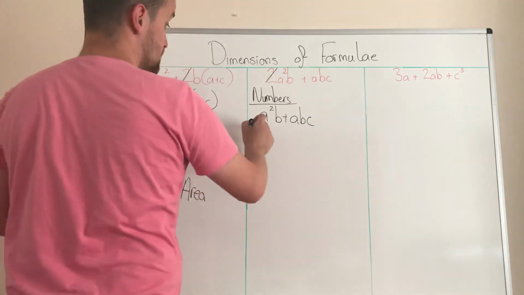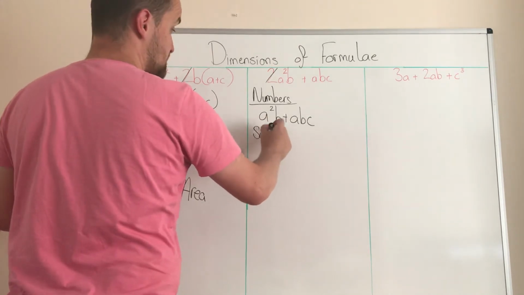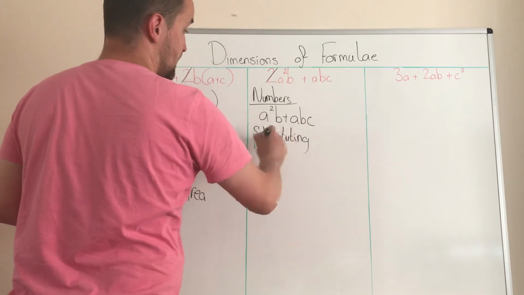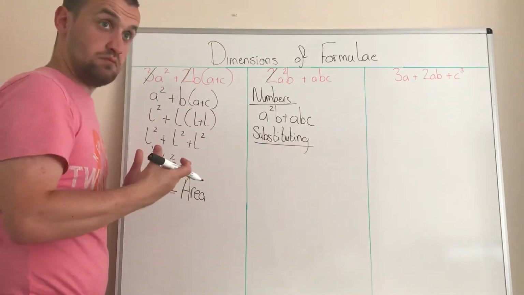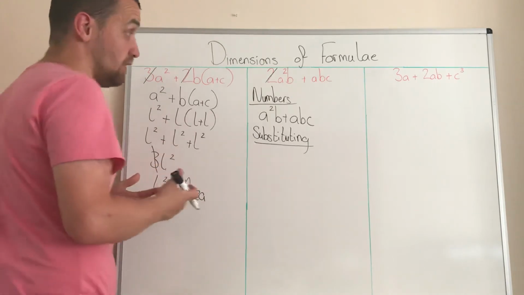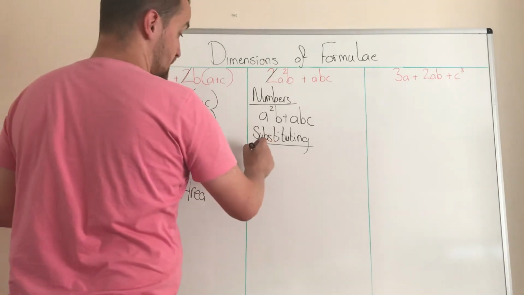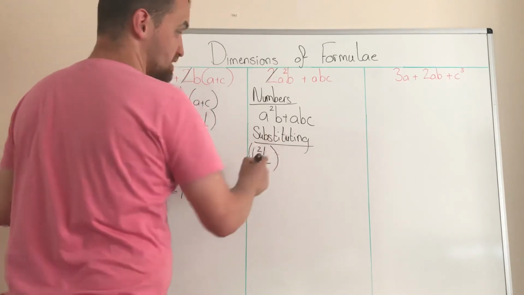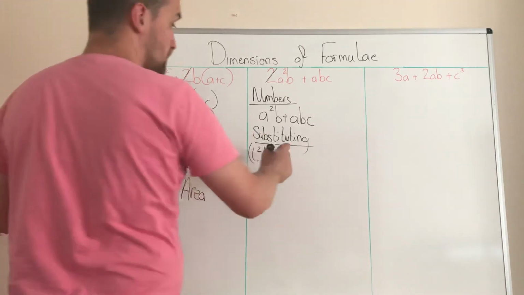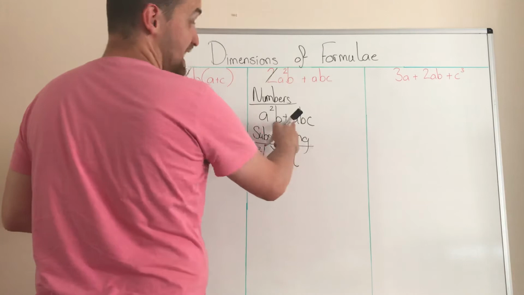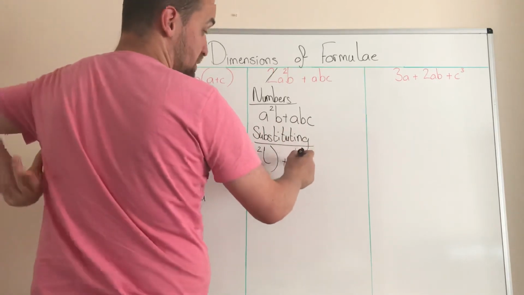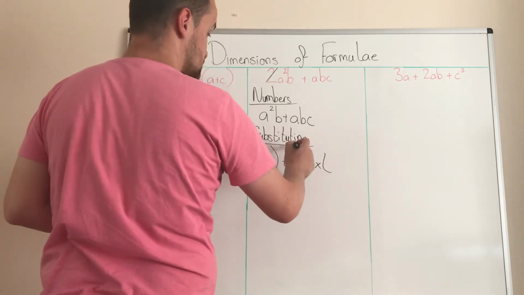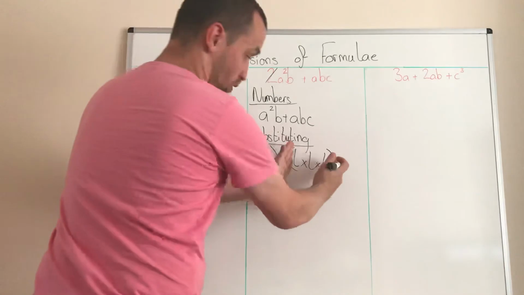Second step, substitute. Think back, what are we substituting? We are replacing any letter with the letter L. So we've got L squared L, and we're going to put that in brackets because it's all one term, plus L times L times L. I'm going to put that in brackets as well because that's all one term.